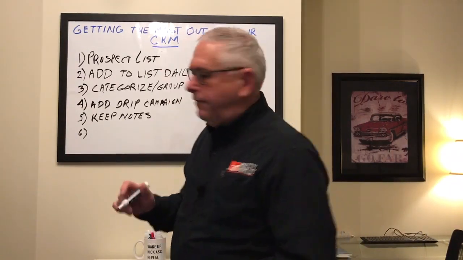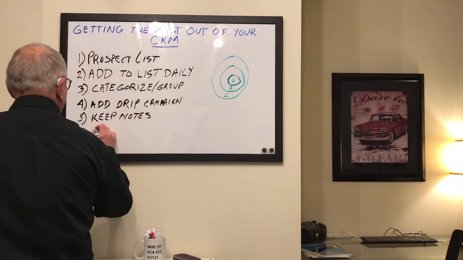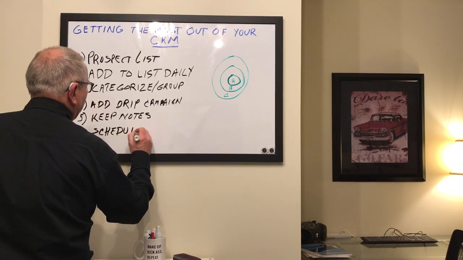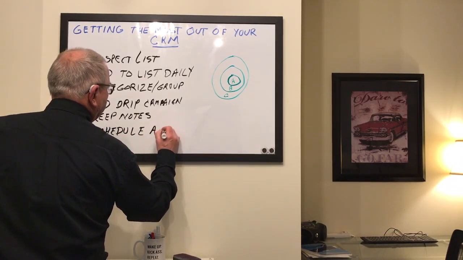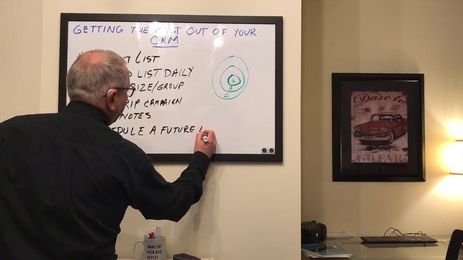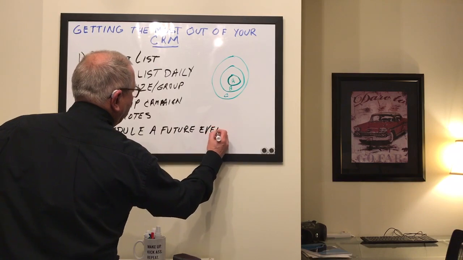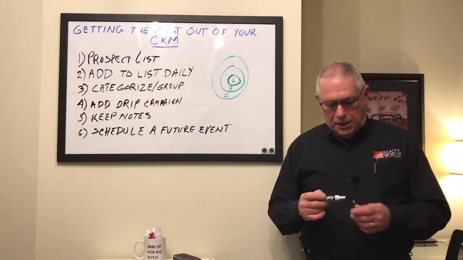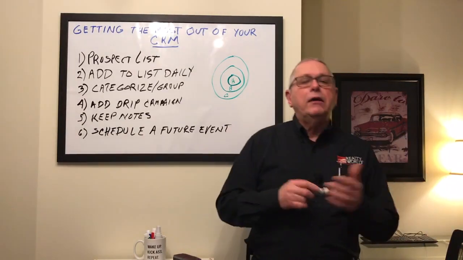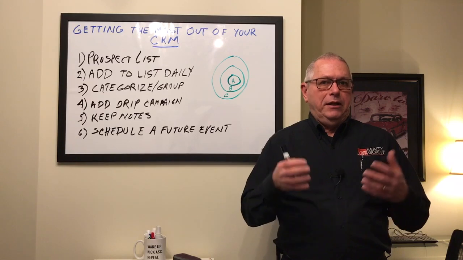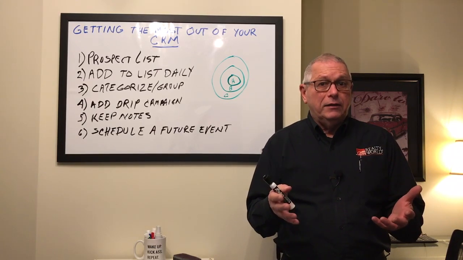Okay? And then the next thing that you want to do is schedule a future event. So let's say you're talking to somebody in January or February, and they tell you that in June they might be interested in moving.